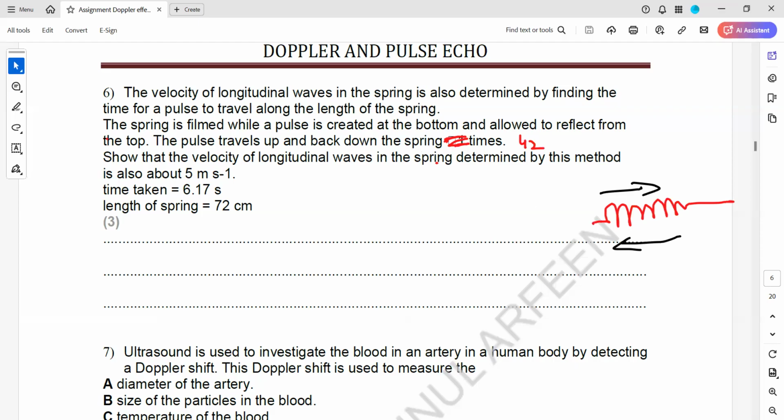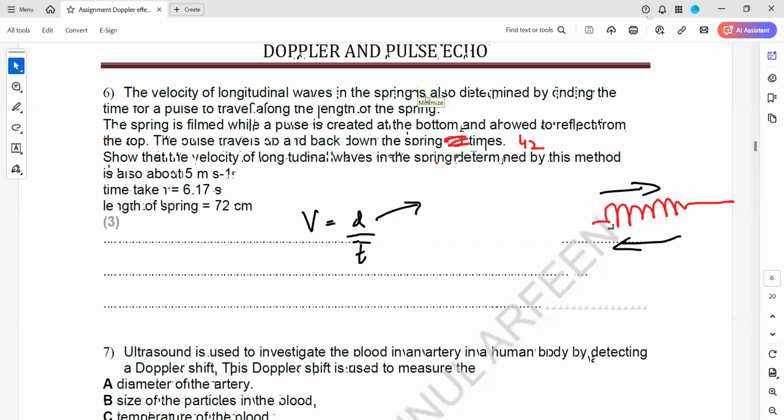So we have the distance. Speed is distance divided by time. It can be done in two ways.